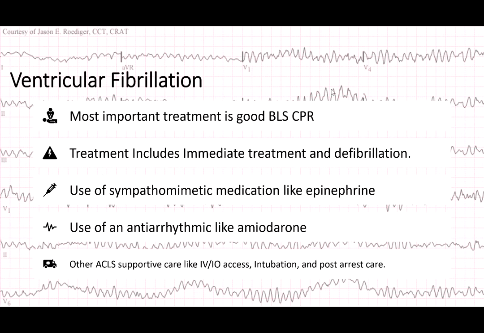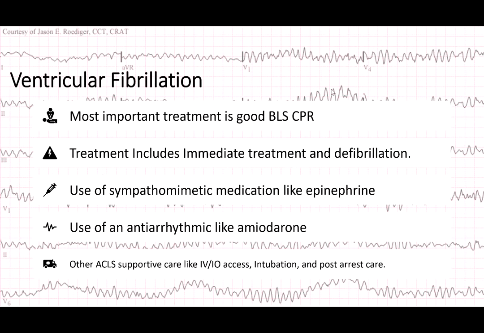We want to use epinephrine and amiodarone as our medication choices, and this also goes for pulseless VTAC. Always give your epinephrine first. We kind of have to prime the pump before we put in an antiarrhythmic to change the rhythm. Epinephrine will help cause some vasoconstriction and some cardiac contractility, getting the pump ready to accept some medications that are going to help fix this rhythm.